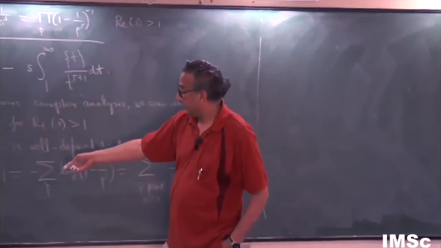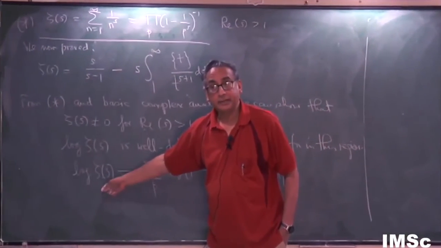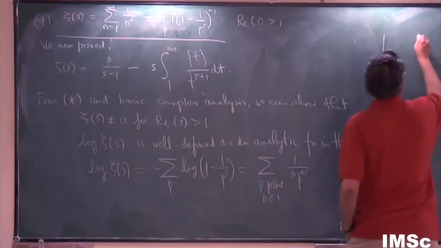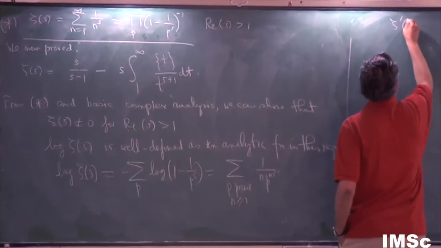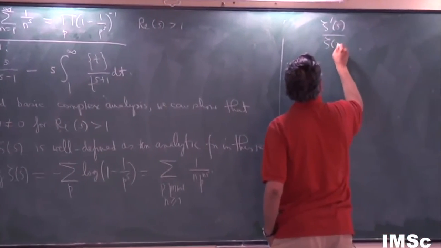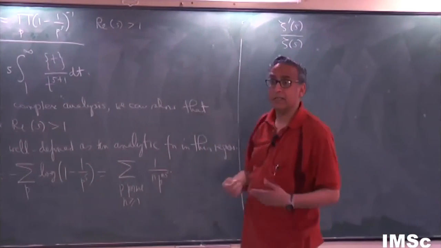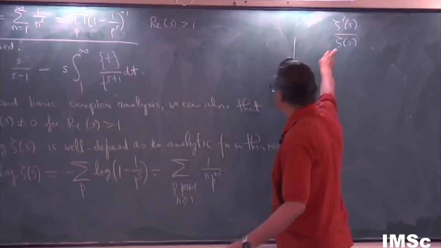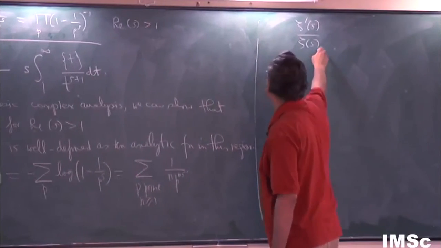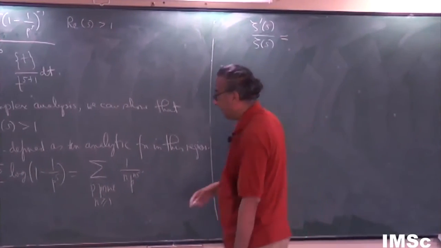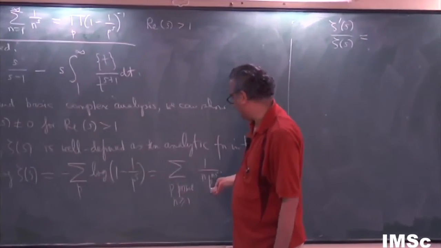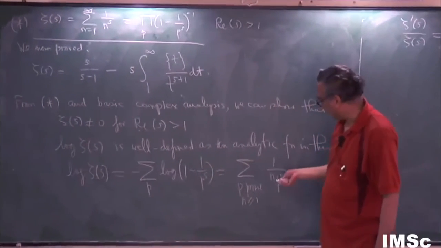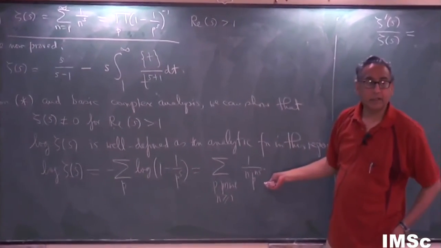Now, let's take the derivative of the left-hand side. Because zeta of s is not 0 in this region, I can, no problem, put zeta of s downstairs here. It equals, well, I have this series here, 1 over n p to the ns. How do you differentiate?